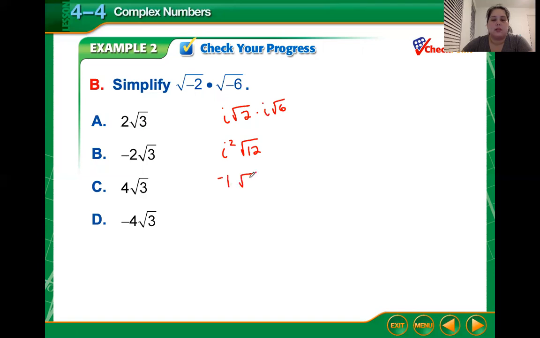Square root of 12 can be rewritten as square root of 4 times square root of 3, because 4 times 3 is 12. And so we get -1 times 2 times square root of 3, which is just -2 square root of 3. So our answer is B.